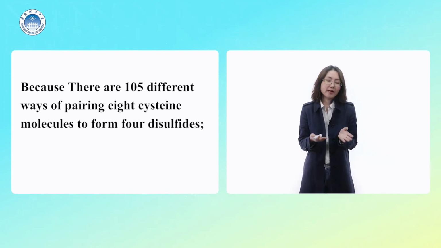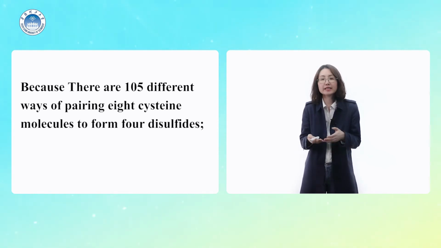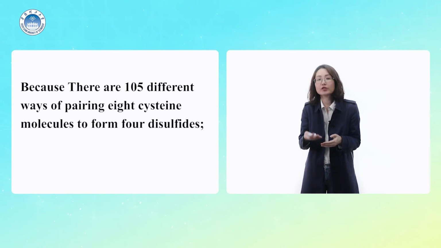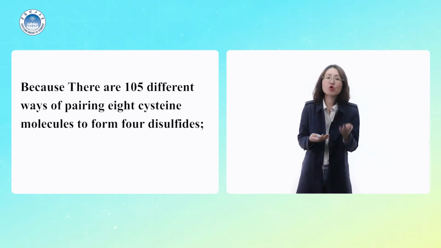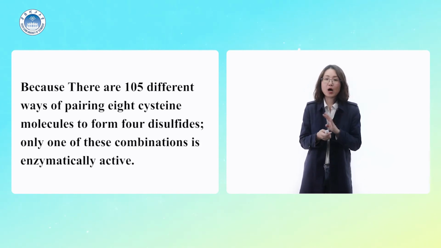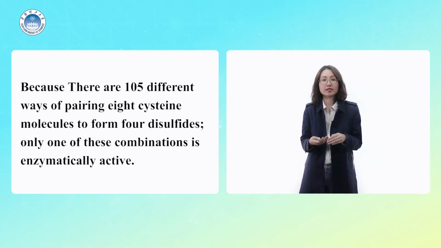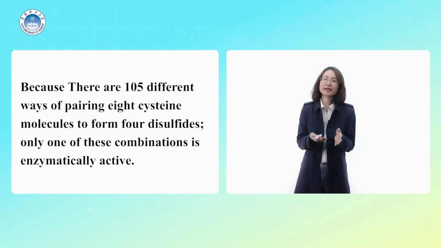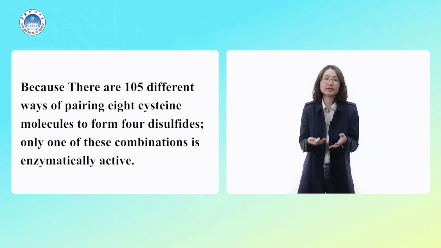Because there are 105 different ways of pairing 8 cysteine molecules to form 4 disulfides, only one of these combinations is enzymatically active. So the 104 wrong pairings have been equally termed scrambled ribonuclease.